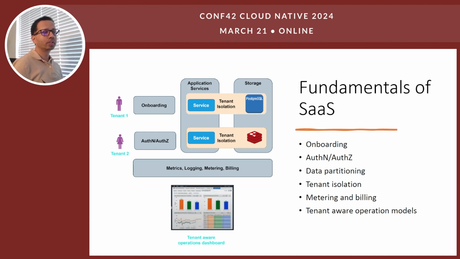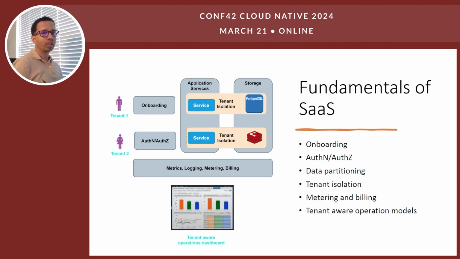Another important thing is authentication and authorization, to associate these onboarded tenants with some notion of identity. Another important part is how to easily flow the tenant context across the moving parts of our complex system.